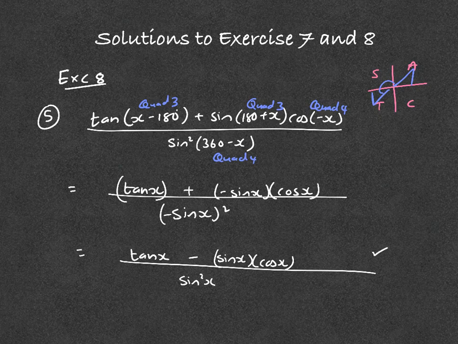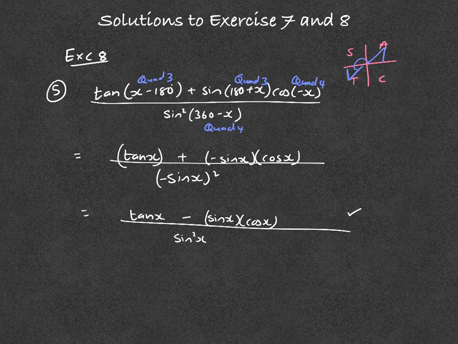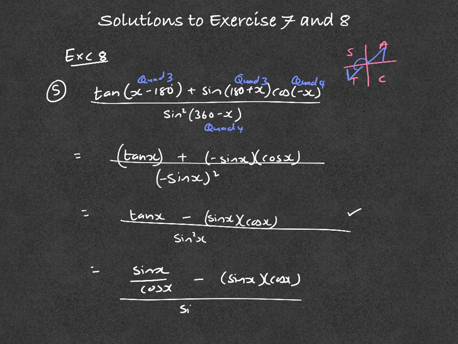Totally happy with that, but I just want to show you that you can simplify this beast and it becomes quite elegant. So tan x is sine x over cos x, times minus sine x times cos x, divided by cos squared x, divided by sine squared x.